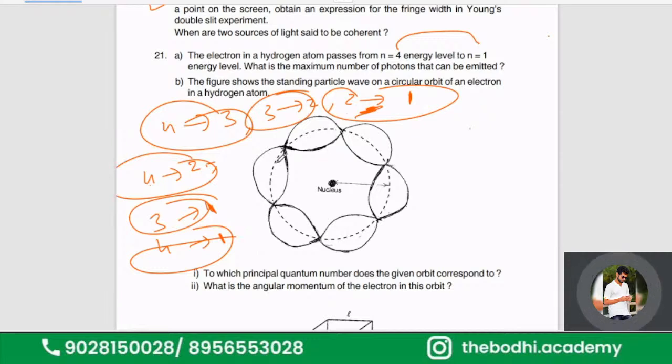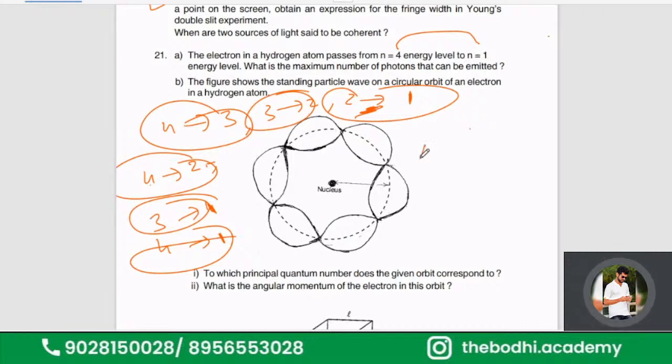Now, what if the question is twisted to the minimum? What is the minimum number of photons that can be emitted? Anyone? Okay.